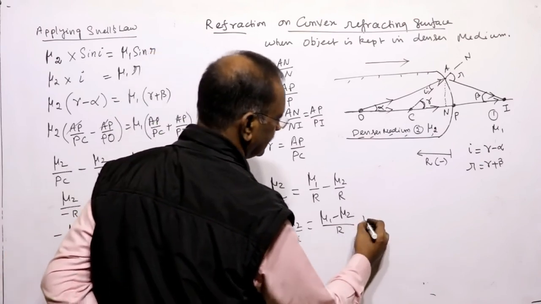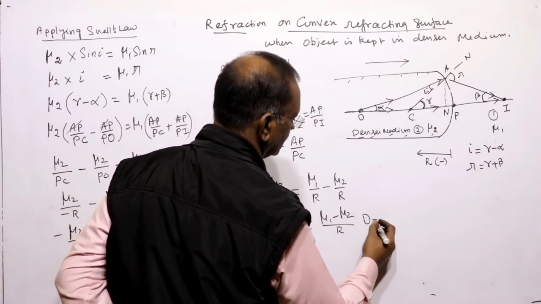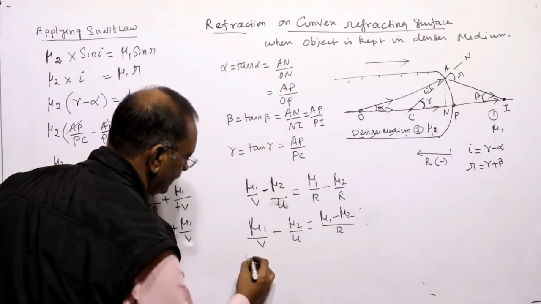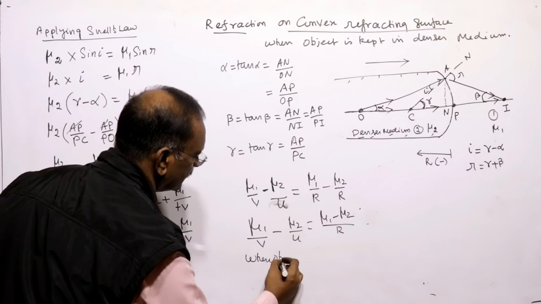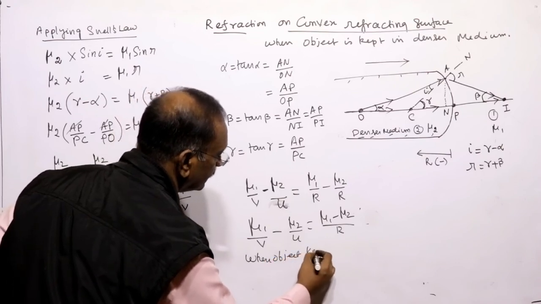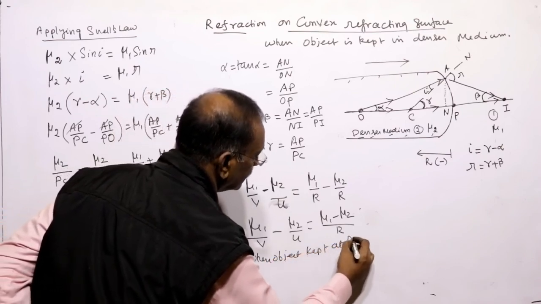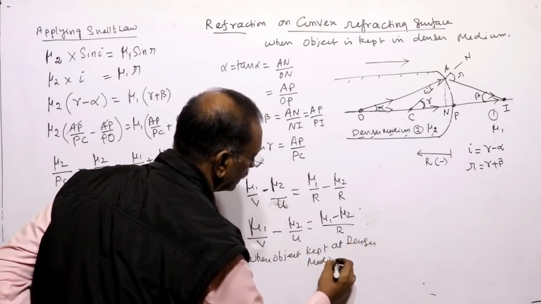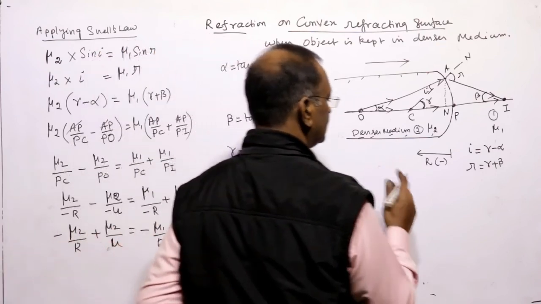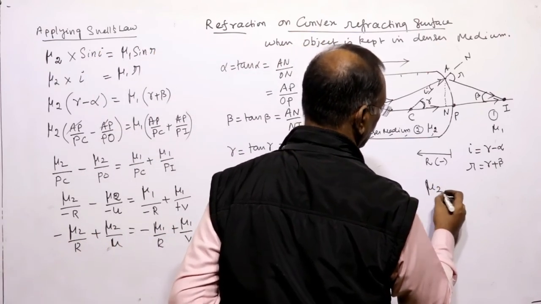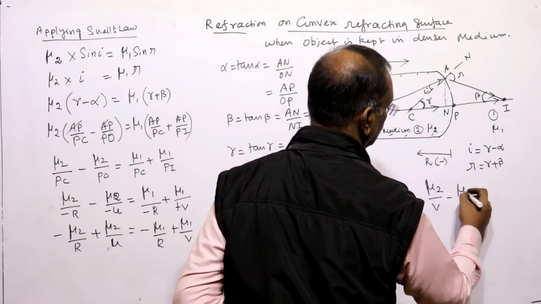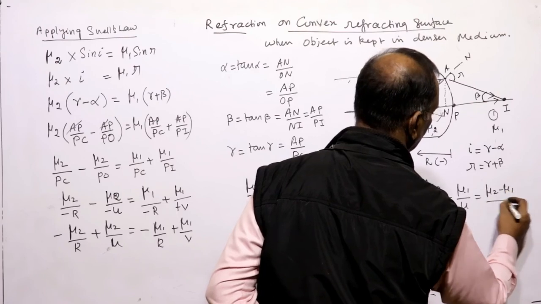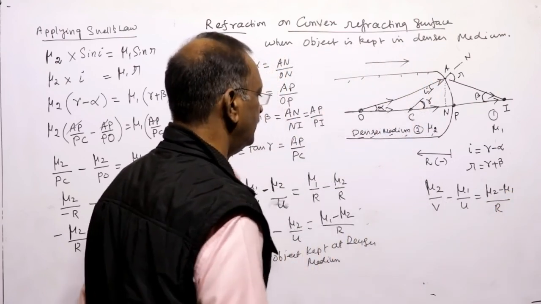This is when the object is kept in the denser medium. When the object is kept in the denser medium, this equation holds good. When the object is kept in the rarer medium, we can write mu2 by v minus mu1 by u is equal to mu2 minus mu1 by R. What is the difference between these two?